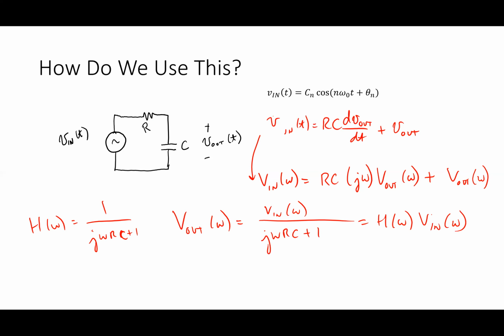What's nice about this is that h of omega is a function of omega. And that allows me to ask, what if I have sine waves at different frequencies? What's the response of the system if I change the frequency of that input? So you're used to solving problems in circuits where you're given a particular frequency. You're told that your input is at 1 kilohertz or 2 kilohertz or whatever.